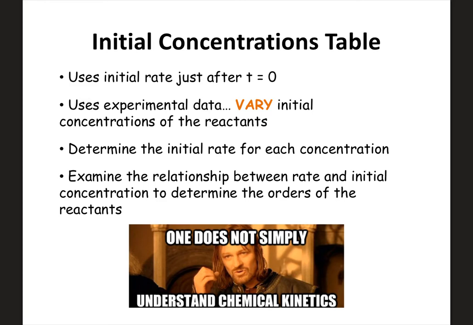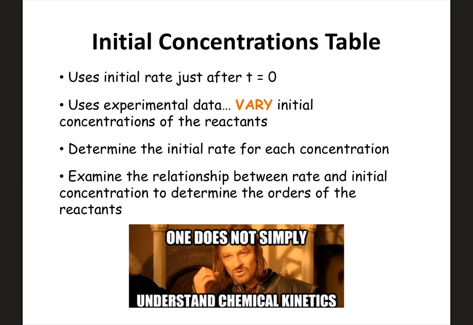A little bit more about these initial concentration tables before we get into them. They measure the initial rate of the reaction just after time t=0, just after the beginning of the reaction. And it's all experimental data. The key is you have to vary the initial concentrations of the reactants.